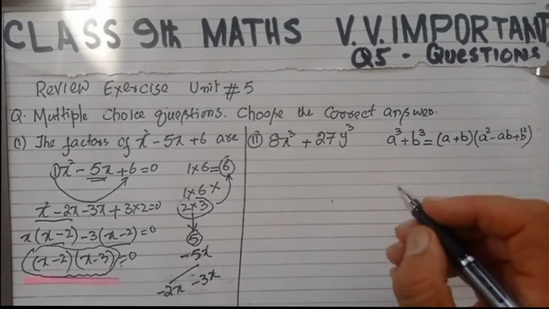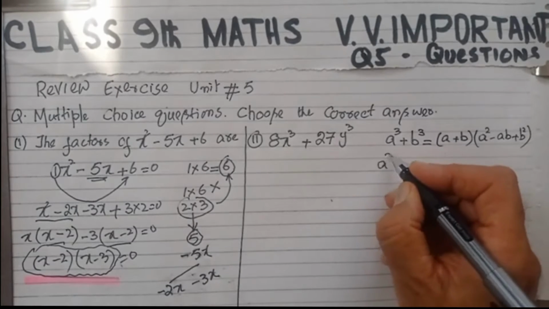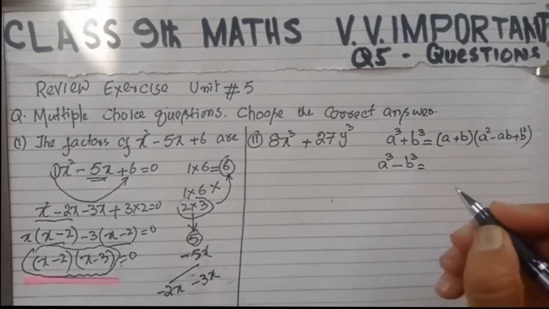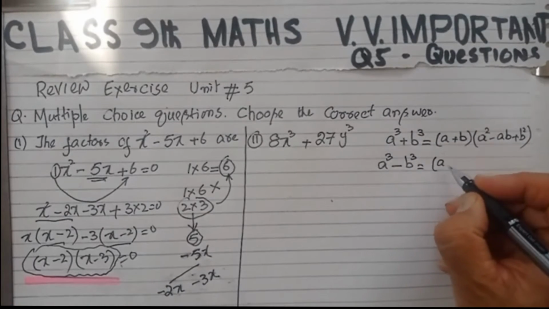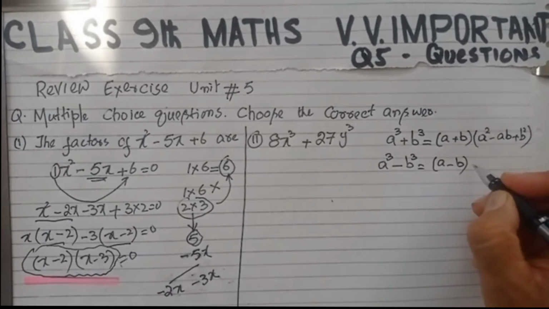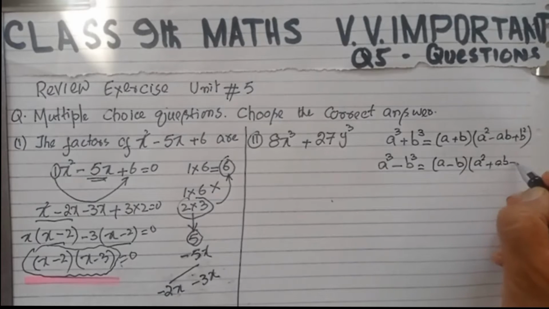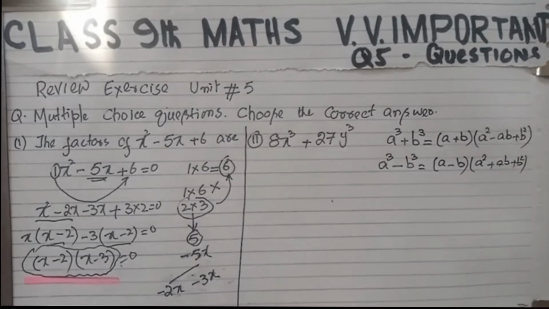And a cube minus b cube is equal to a minus b times a square plus ab plus b square.